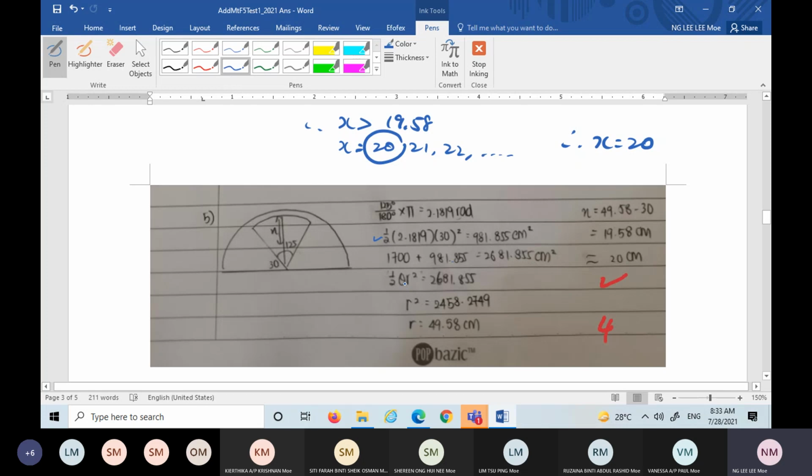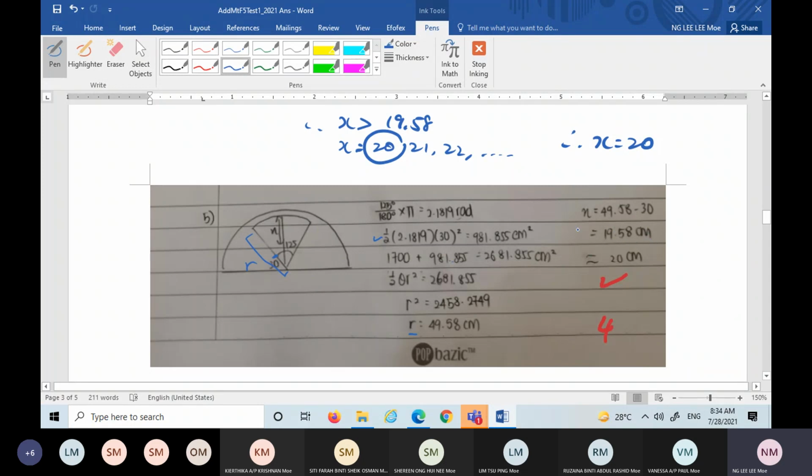Then she lets it be the big sector, half r squared theta. From here she gets the r. This r is the big sector's r, from here to here. Then to find x, the r has to minus the 30, so the x is 19.58.